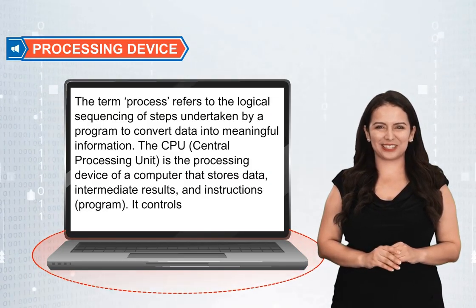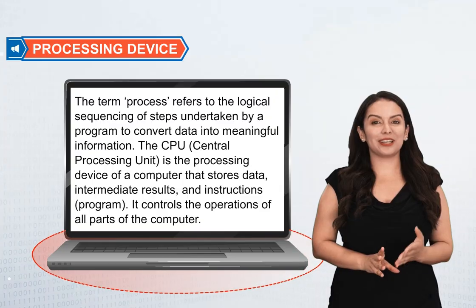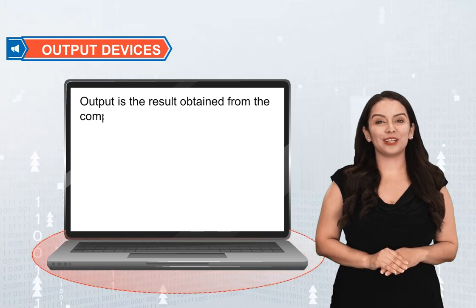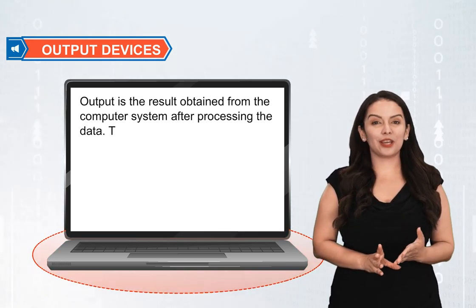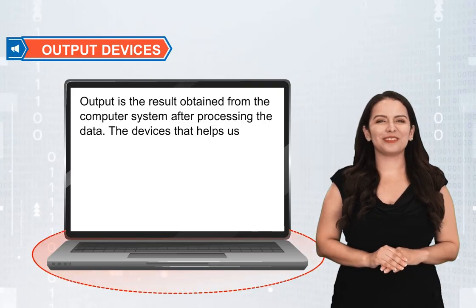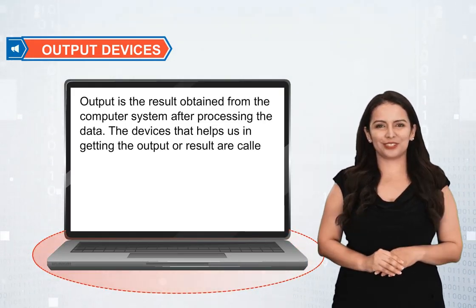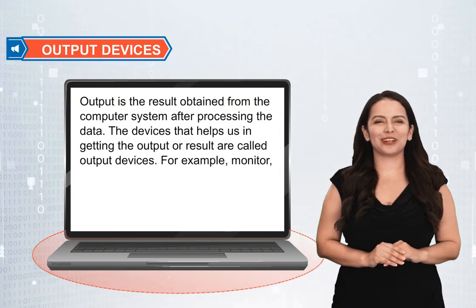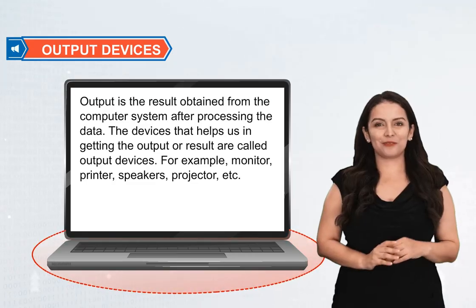It controls the operations of all parts of the computer. Output devices. Output is the result obtained from the computer system after processing the data. The devices that help us in getting the output or result are called output devices. For example, monitor, printer, speakers, projector, etc.